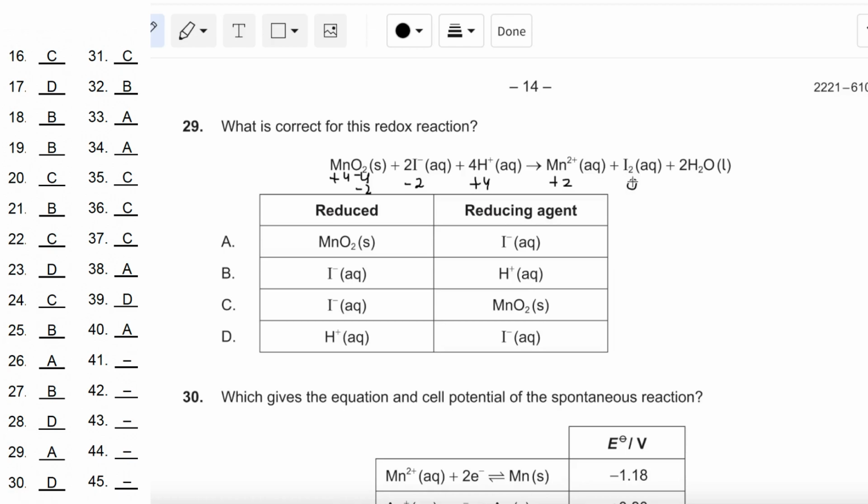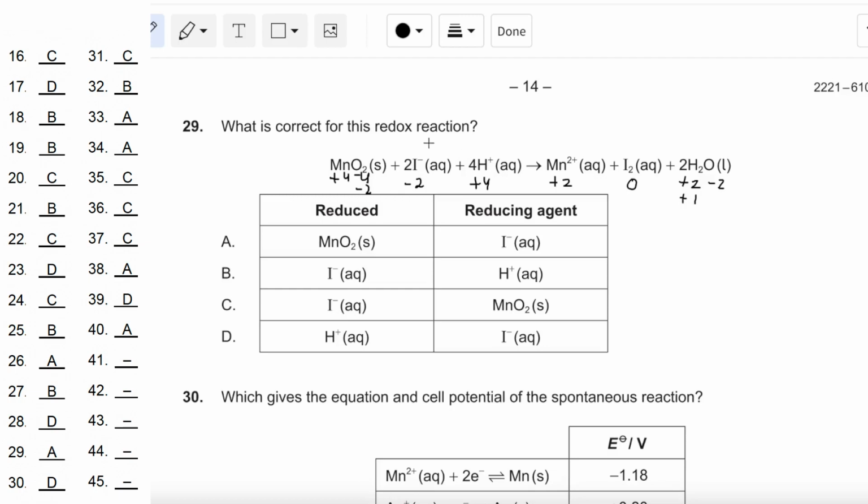I2 should be 0 because it's only an element without a charge, not an ion. And 2H2O: O is -2, H2 is +2, so H is +1.